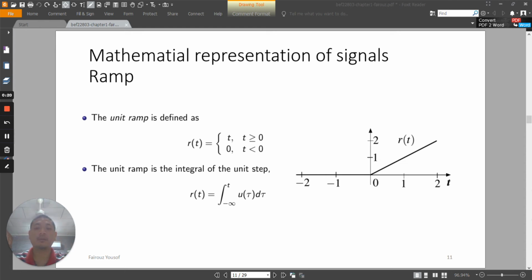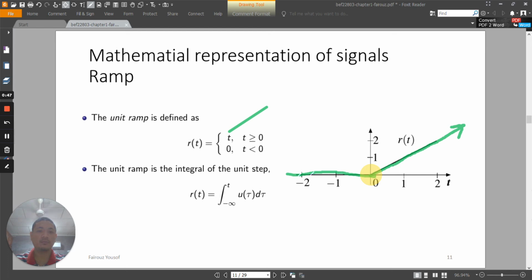Okay, so it's still using a piecewise function. So we have t, a function of t, for t more than 0. So r(t) equals t for t more than 0, but we have a value of 0 for t less than 0.